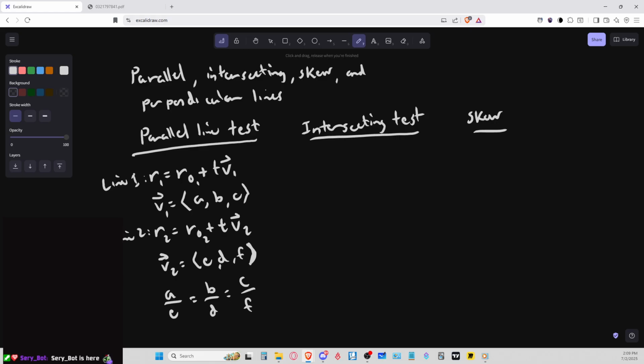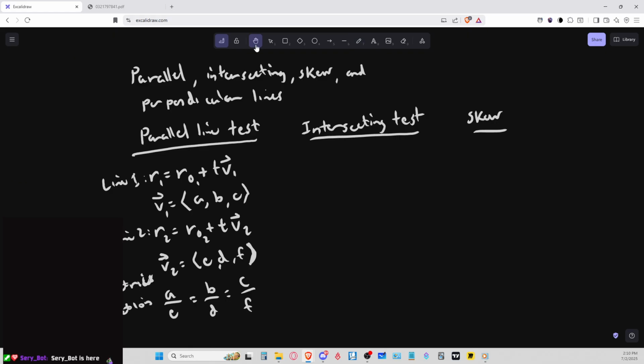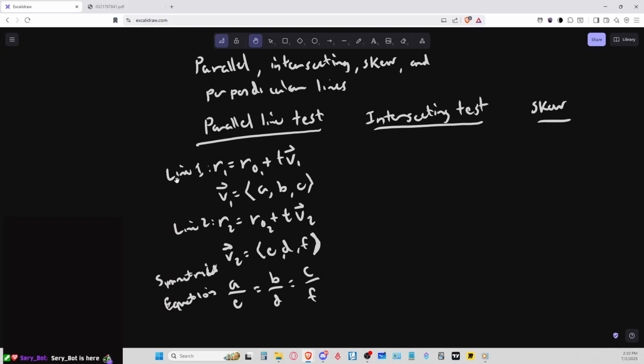So I think we can write the symmetric equation just to keep that in mind. Oh, you guys can't see that. Let me move that over there.